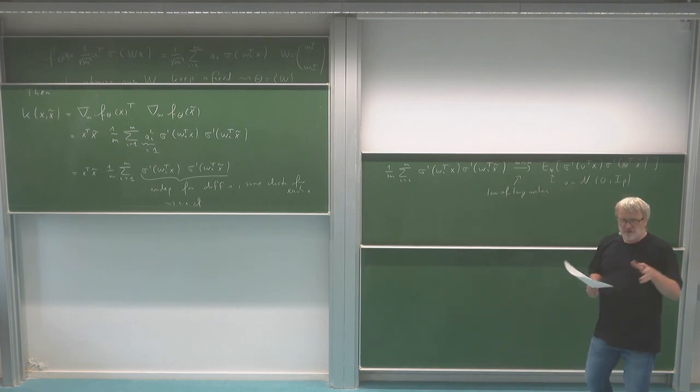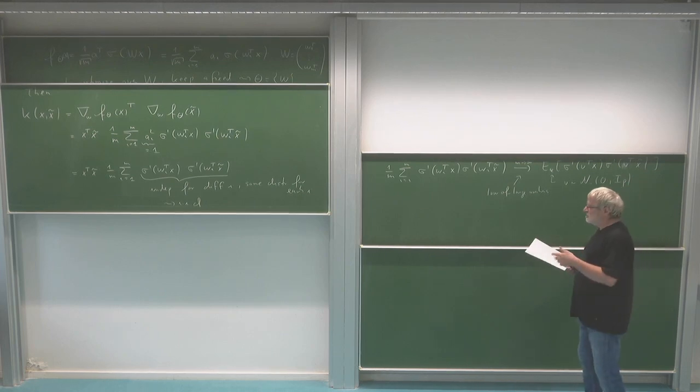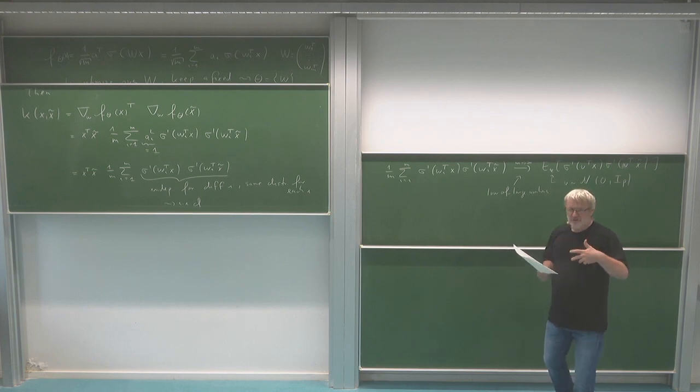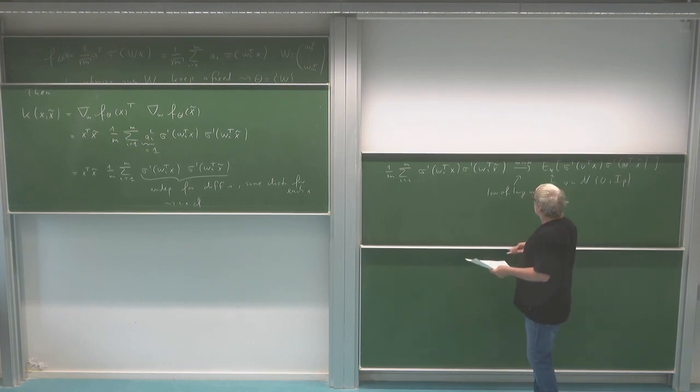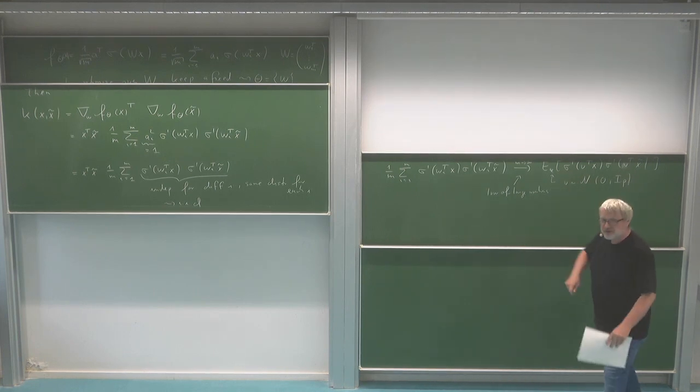Good. Okay, and so this shows us how we get here a deterministic object, and with high probability we are very close to this deterministic object if m is large. And then of course the neural tangent kernel in the limit is this guy here, maybe multiplied with x transpose x twiddle.